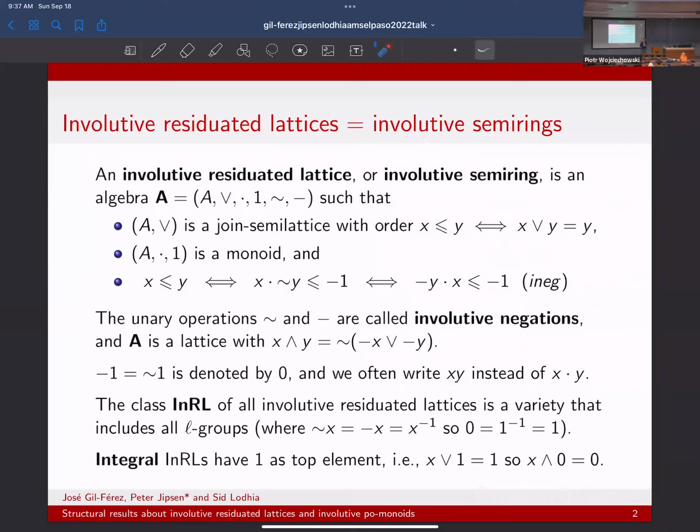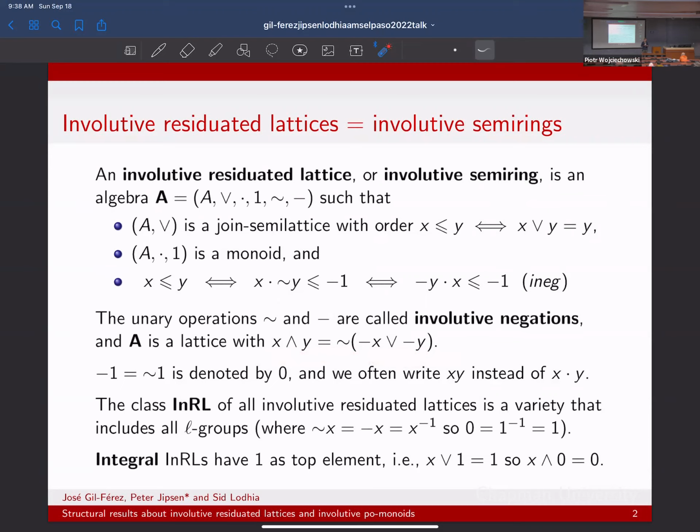And from this, you can deduce that the two unary operations are order reversing, and that they undo each other, so that tilde minus is the same as the identity if you do both of them, and the same for minus tilde. And then it means that you can define a meet, because the unary operations turn the lattice or the semilattice upside down. And so you get a meet on the same order, and that's a lattice.